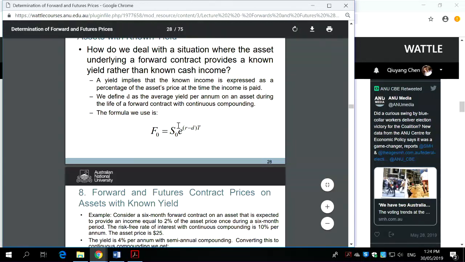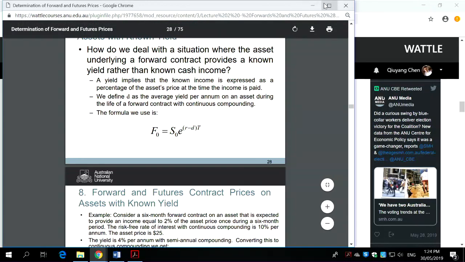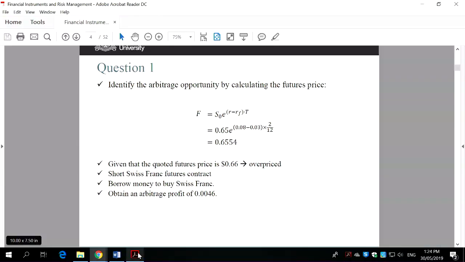So if the storage cost is u, now we have S0 times e to the power of (r plus u) times T, brought forward. That's how we determine the pricing formula for a futures contract written on an asset where you need to pay the storage cost. Does that make sense? So that's just a quick recap of how we derived the pricing formula.